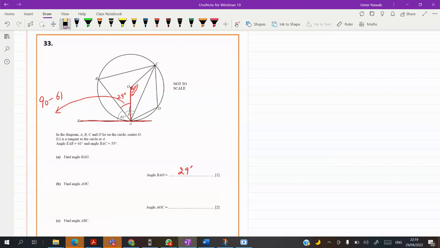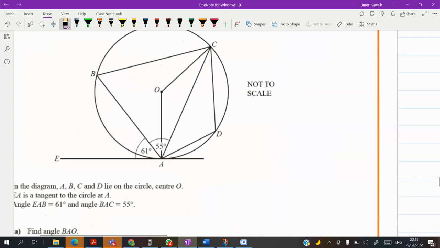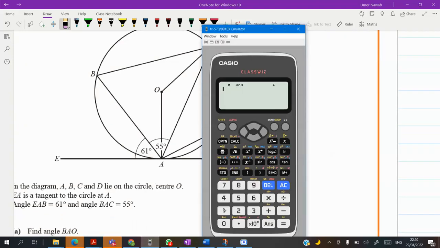How many marks does it have? It has 2 marks. Let's check. 180 minus the sum of 61 and 55 gives us 64.